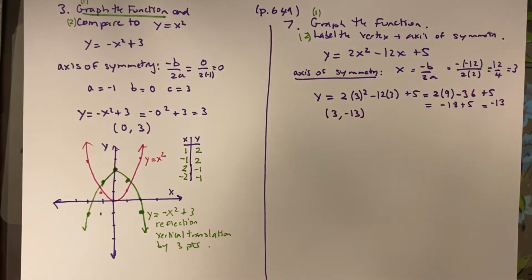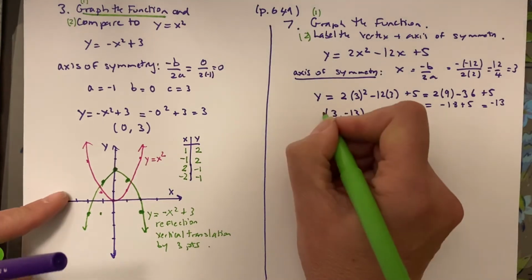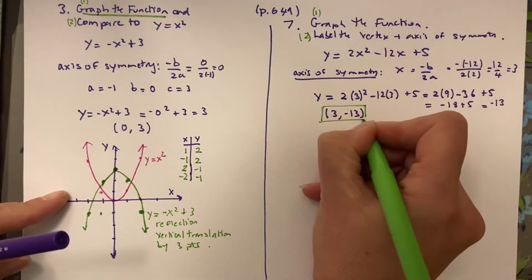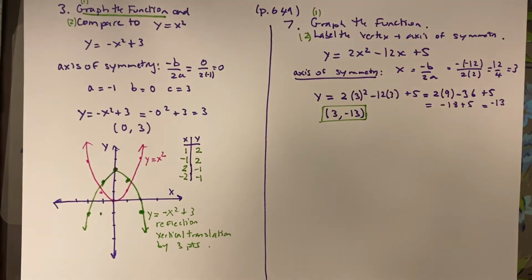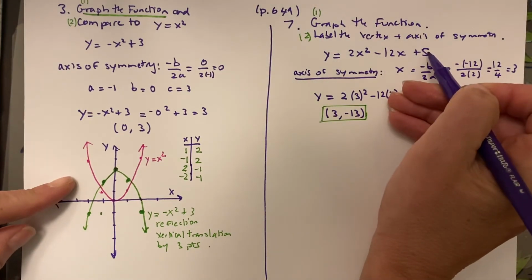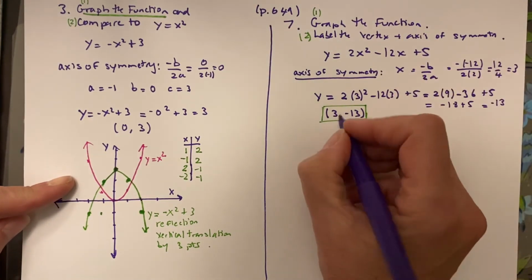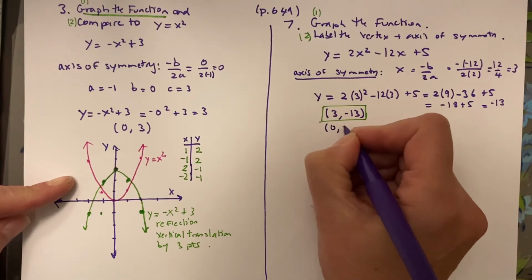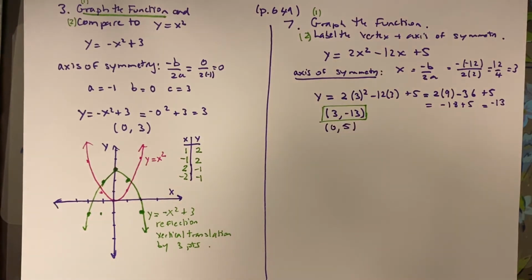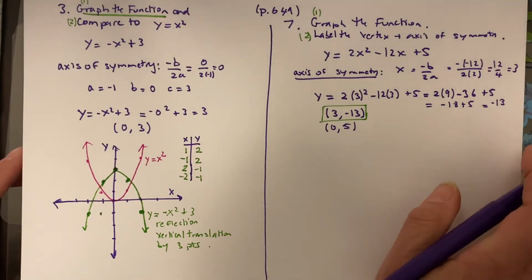That's the first thing that I can put on my graph. What else? Well, I can see that I have another point here, right? I have the y-intercept, which is going to be 0 and 5. And I'll probably need to move on from there and get some points, so let me just start drawing the graph.